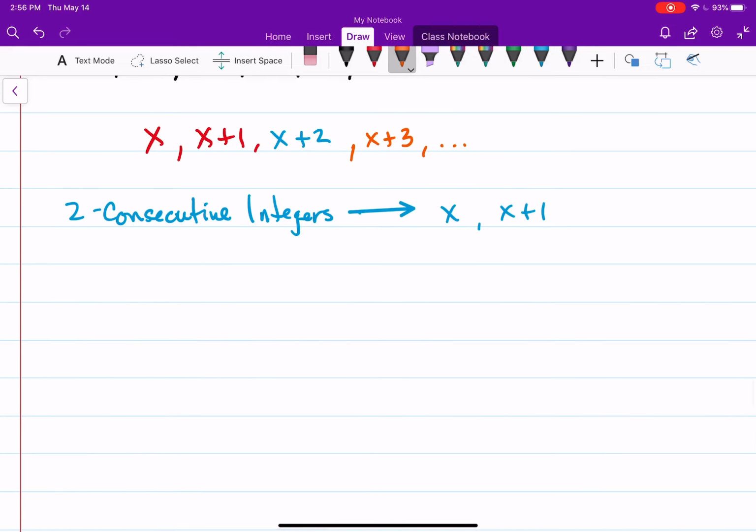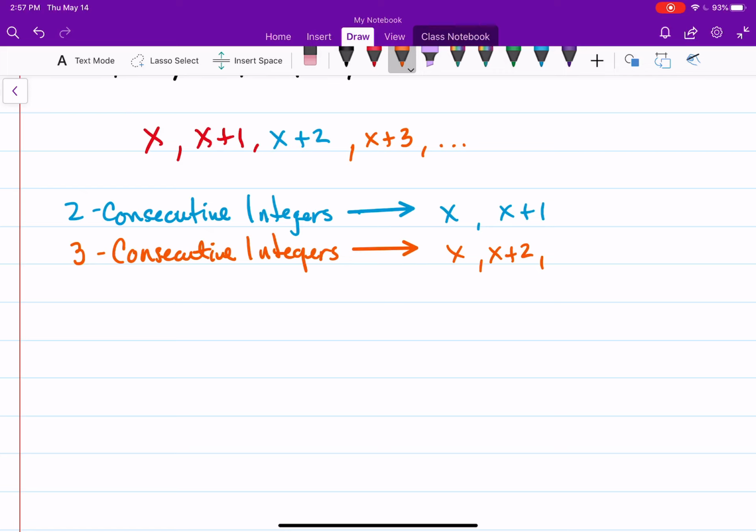But let's say you wanted 3 consecutive. Then you will use 3 of them, but it always starts at x. That's the first one.